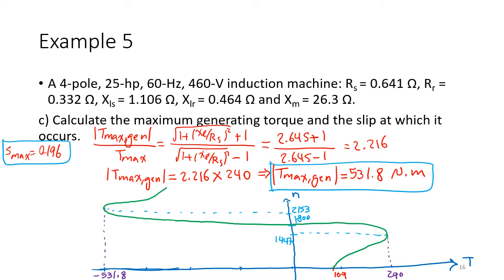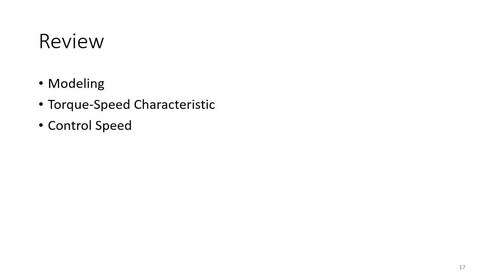Any other question? So with that, we reach the end of this part of the course. In general, we started with the construction and the concept of the induction machine, how it works, and why we call it an induction machine. We tried to find a model. We found the T model, gamma model, simplified gamma model, and further simplified gamma model.